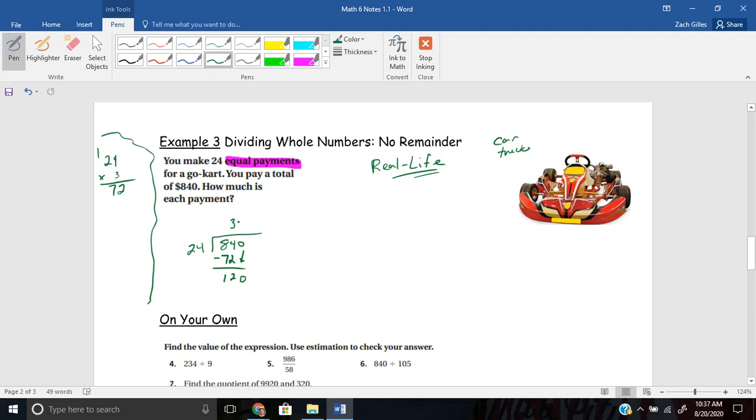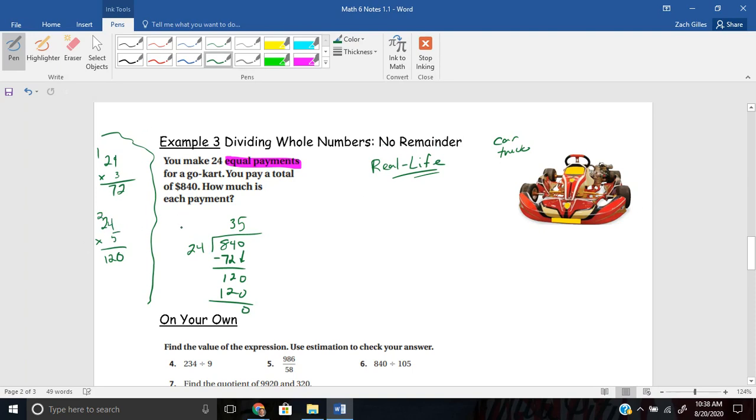So let's try 5 and see what we come up with. 24 times 5, 20, carry my 2, 10, plus 2 is 12. Perfect. That's 120. 5 times 24 is 120, and I have no remainder.